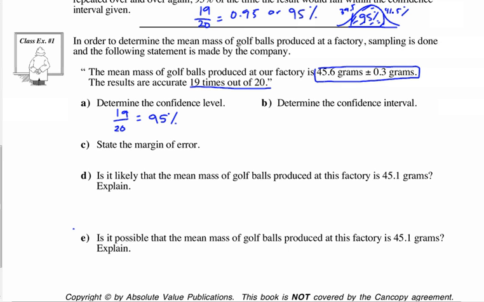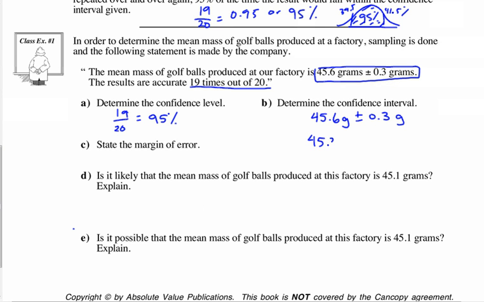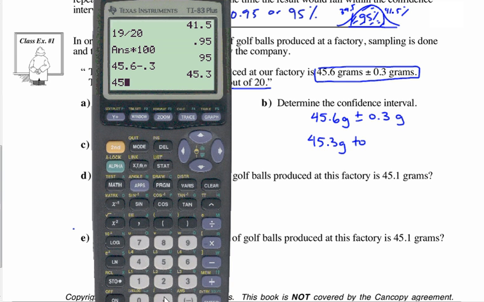The confidence interval is the range of data. So how do we turn this 45.6 grams plus or minus 0.3 grams into a range? We take our 45.6 and minus the 0.3 to get our lower end, so 45.3 grams, to, we take our 45.6 and add the 0.3.